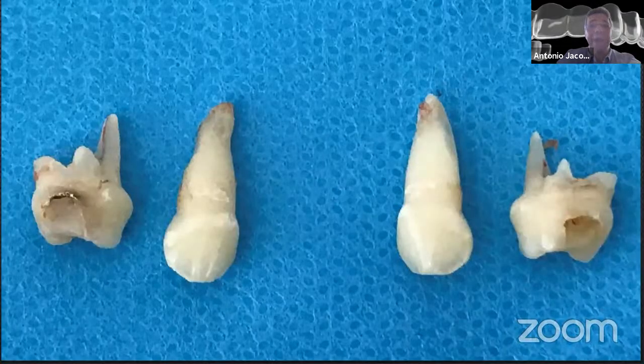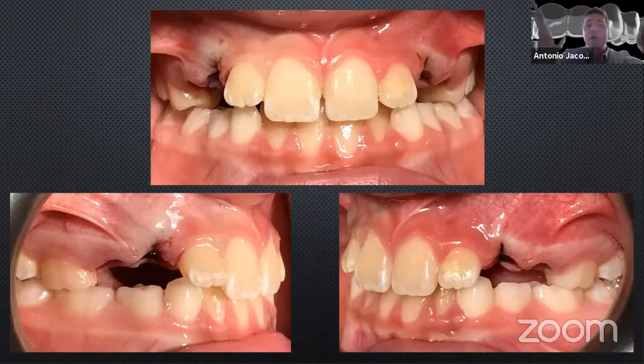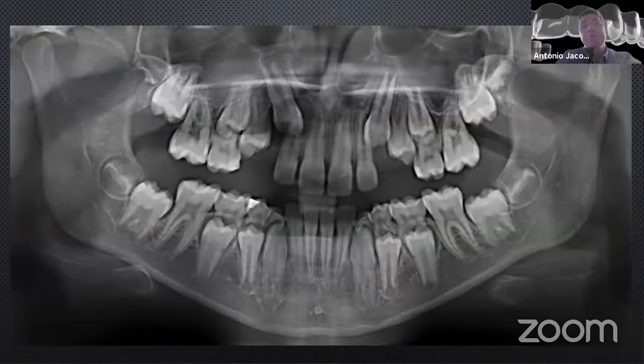So we made the extractions, and then we waited a little bit to see if both canines would come with the distal tip coming out of the roots of the lateral incisors. That's what was happening on the left side, but on the right side we also have an image that suggests an eruption cyst between the root of the lateral and the canine.